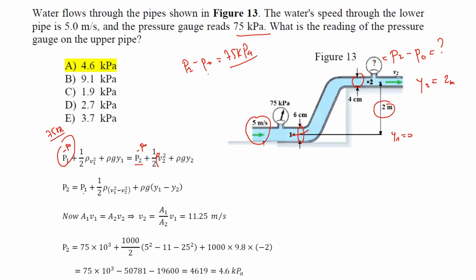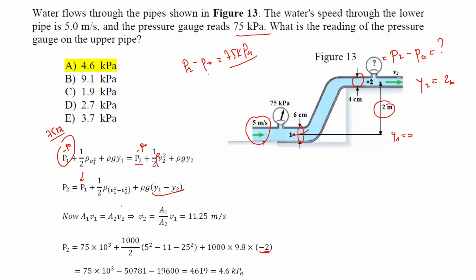So P2 will be P1, which I know from P1 minus P0, 75 kilopascal. And then I will have half rho (V1 square minus V2 square) plus rho g (y1 minus y2). I know that y1 minus y2 is minus 2.